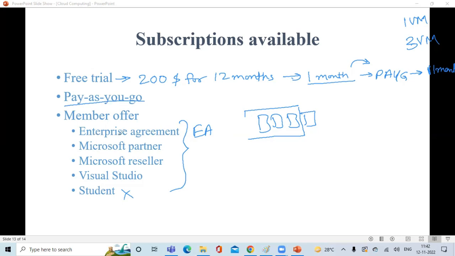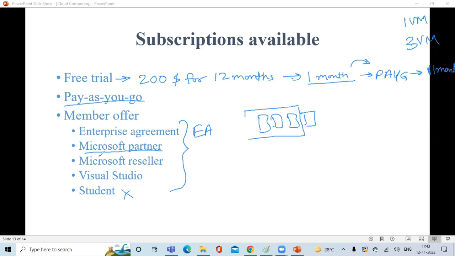So this is an enterprise agreement. Now after that, we have the Microsoft partner. Microsoft partner means what? Like a consultancy. If I'm working in the cloud and have new skills, these are the Microsoft partners. If I have a Microsoft partner relationship, then Microsoft gives us multiple subscriptions.